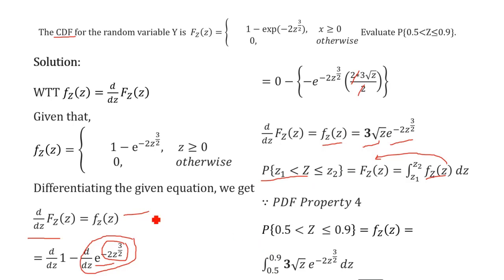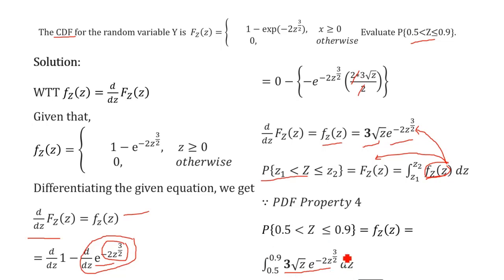The limits are given here as 0.5 to 0.9. In that range, we have replaced the value of the probability density function, which is calculated here.